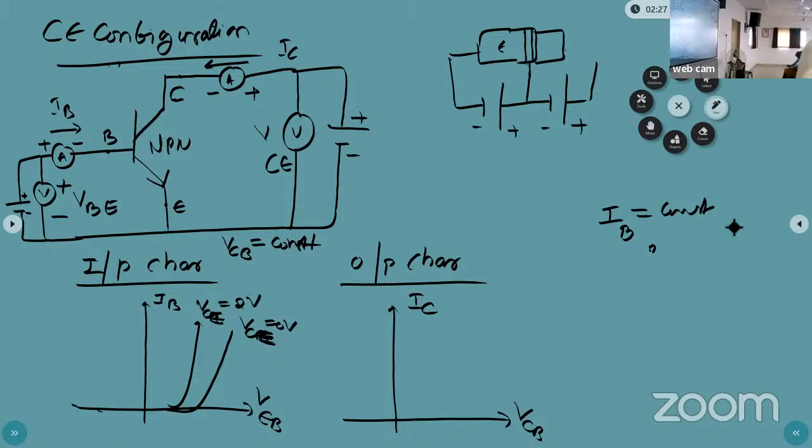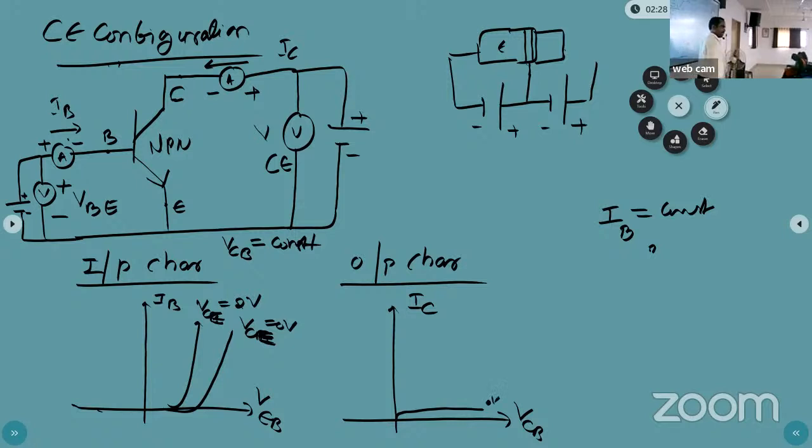Now if you keep the input current constant, then what is the output current? With IB equal to 0, how much current you apply here, the same current will appear. Almost all 0, so here 0 current.